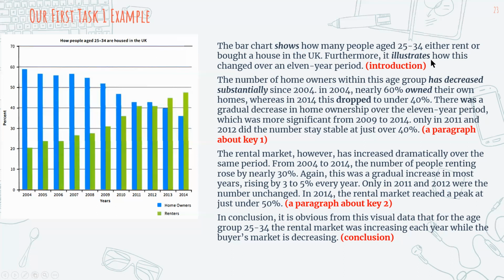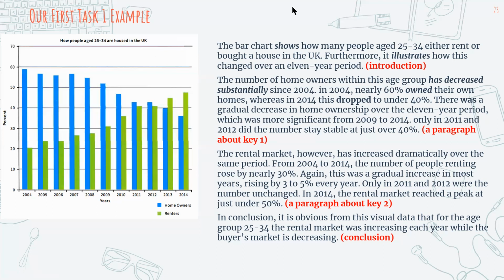Furthermore, it illustrates how this changed over an 11-year period. So this is your introduction. The introduction is about the report in general. Some people just use the words in the question, they rewrite it. They write the question words but in their own words.